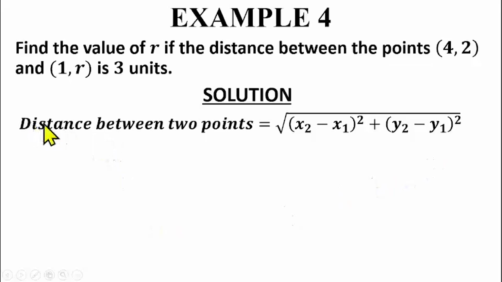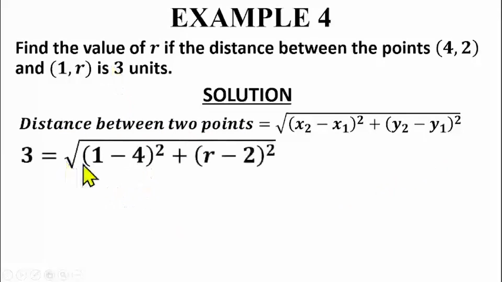So you have 3 equals the square root of, what's our x2? Our x2 is 1 minus, what's our x1? Our x1 is 4. So you have 1 minus 4 squared plus, what's our y2? Our y2 is r. So you have r minus, what's our y1? That should be 2. So we have r minus 2 squared.